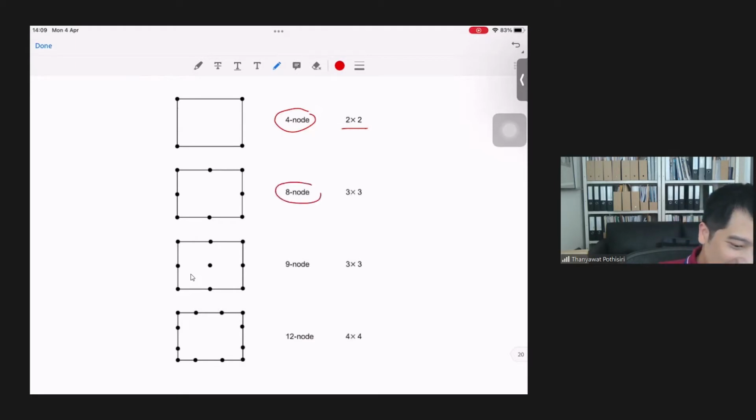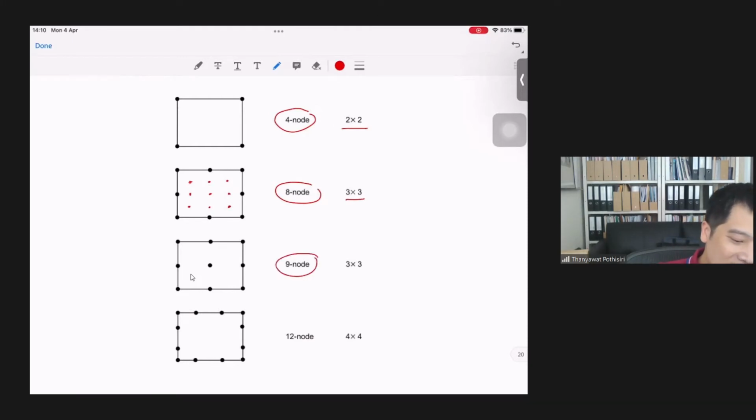Same thing here for an 8-node element. You can use 3x3 points. So if you use 3x3 points, the total sampling points would be 9, right? So you would have something like this as your sampling points. So a total of 9 points.